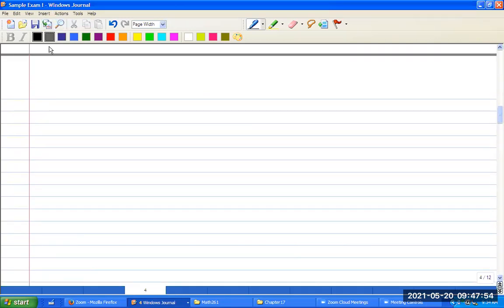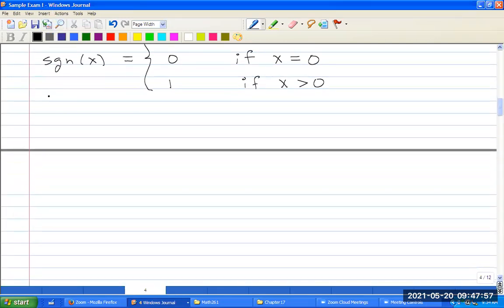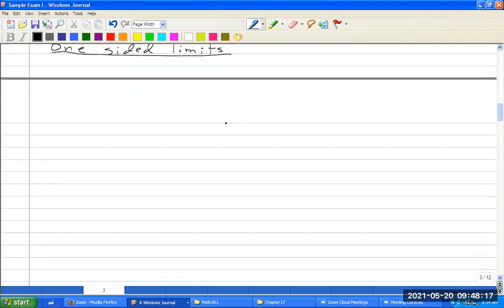I'm going to do it the same way we did the previous problem. So in this case, I'm going to consider the one-sided limits. So let's look at the limit as x approaches 0 from the right side of the sign of x.